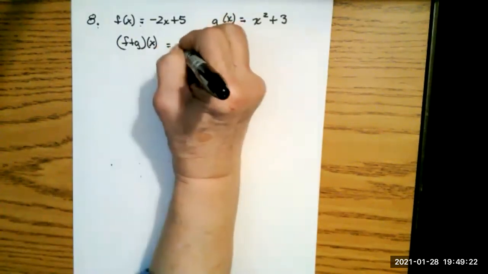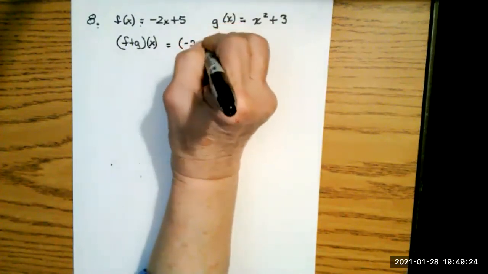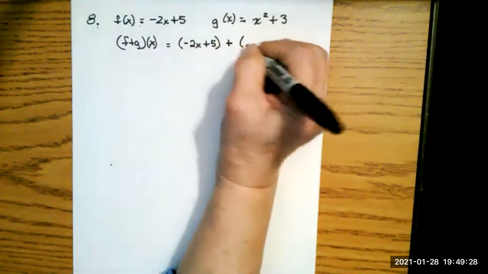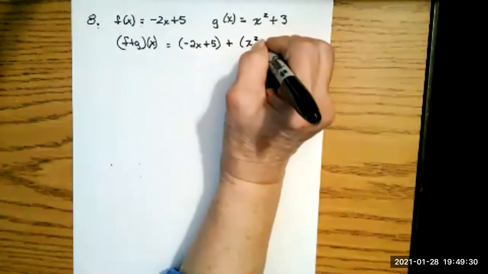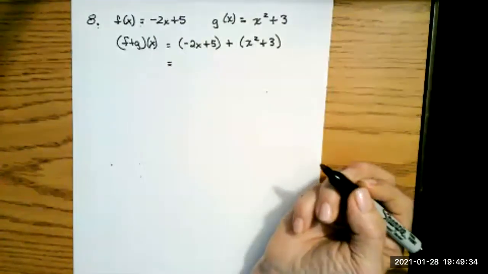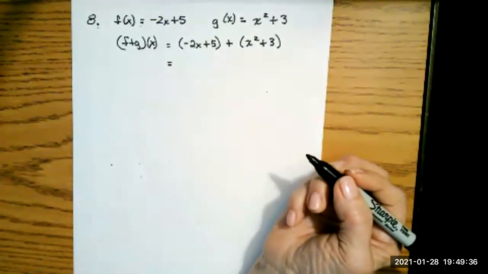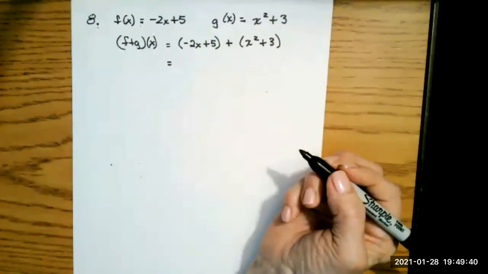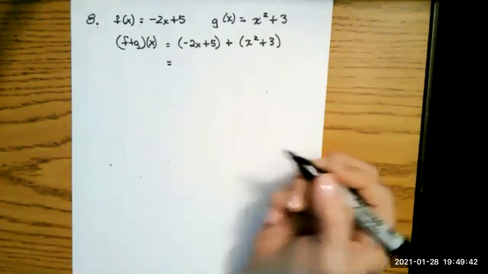So I just take my f function, negative 2x plus 5, and add my g function, which is x squared plus 3. And I want to combine the like terms and put them in descending order so that the top exponent, the highest exponent, is at the top.